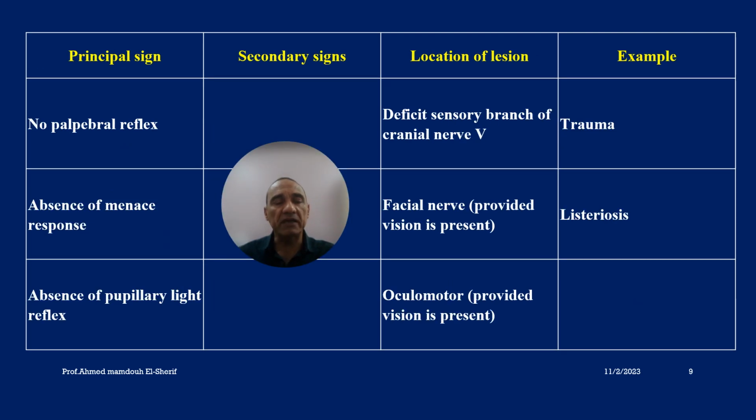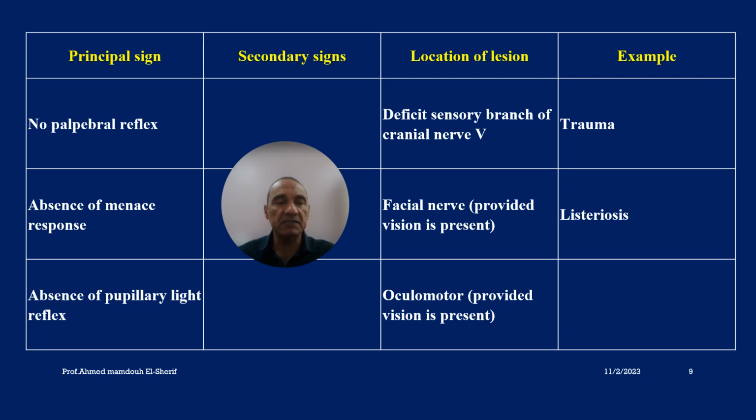When the principal sign is no palpebral reflex without any secondary signs, the location of the lesion will be a deficit in the sensory branch of cranial nerve number 5, and the lesions here will be trauma of the nervous system or trauma of the eye.